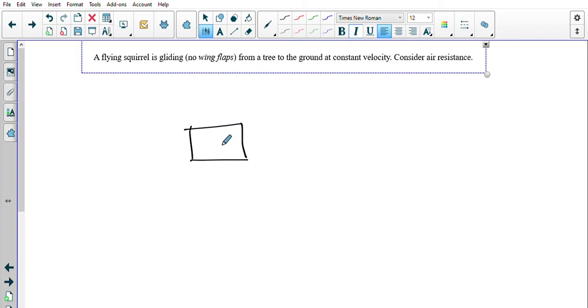So it's going from the tree to the ground, which means that there's a force of gravity acting on it. And there's air resistance. Let's say it's just dropping straight down, so there's going to be some air resistance going up.